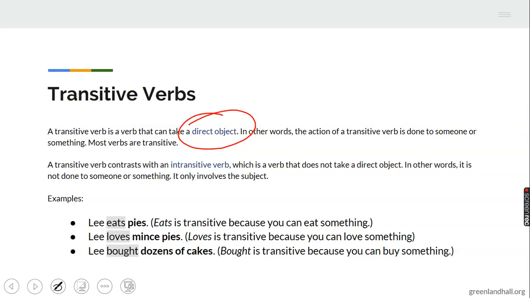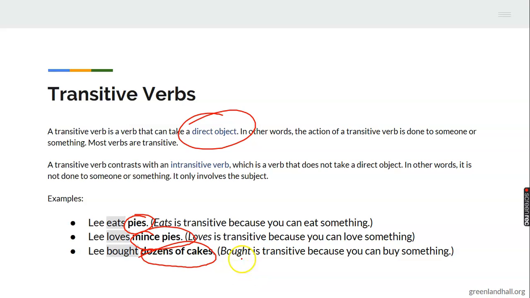And you can see the direct object here, and here. And you can see the illustration attached to it. It is transitive because what? You can eat something. So the verb there takes direct objects. Loves also is transitive because you can love something, yes?